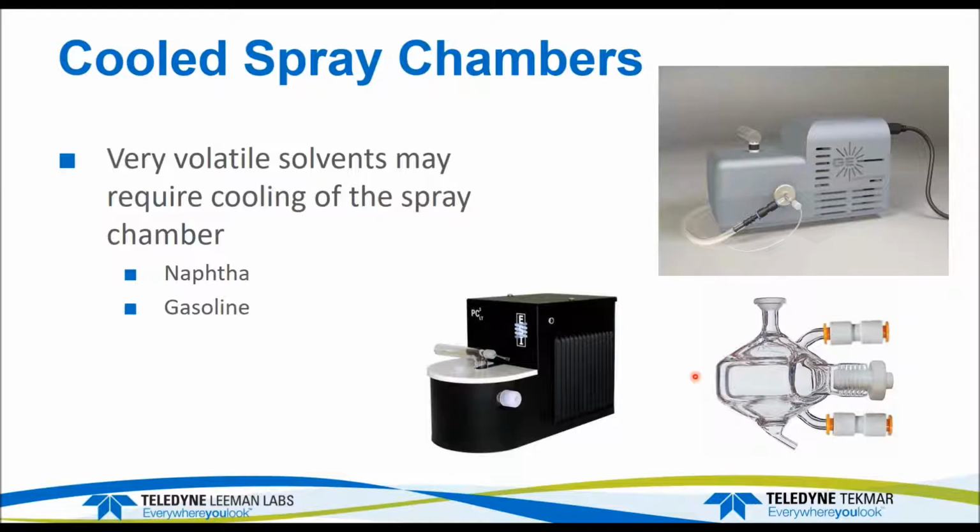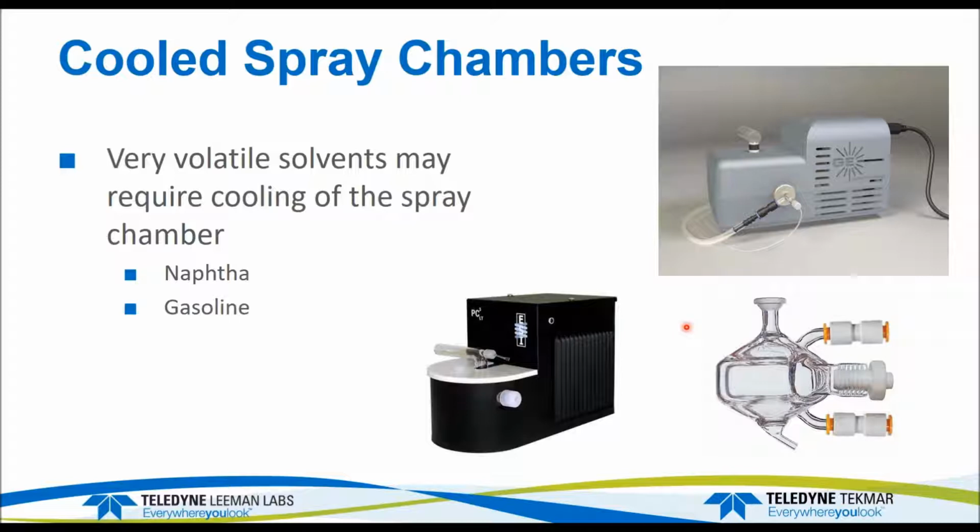On the lower right-hand side is a cyclonic that is basically a condenser. So you hook that up to a chiller that has a mixture of antifreeze and water in it, and you can chill it down. Not as low as these thermoelectric ones, but you can get down. So we've used those in the past.